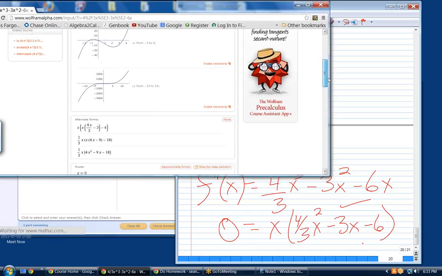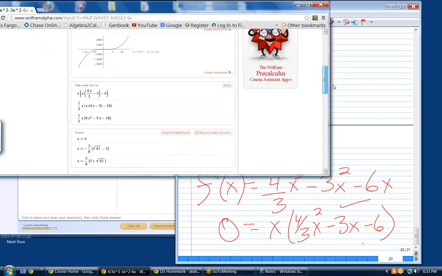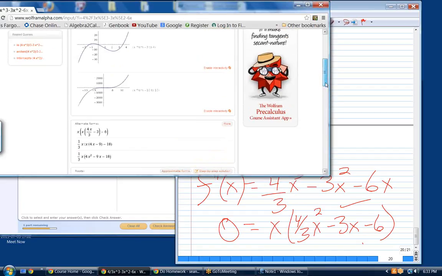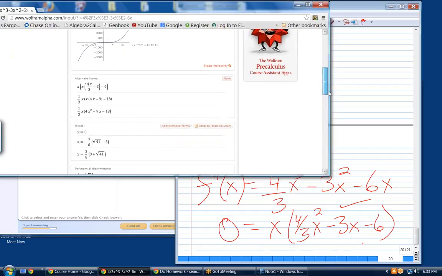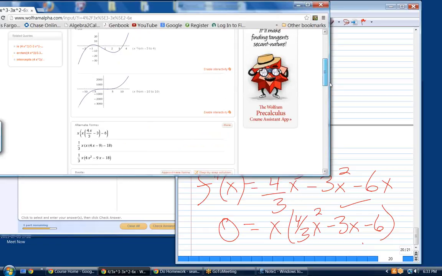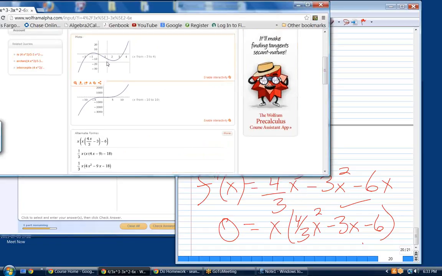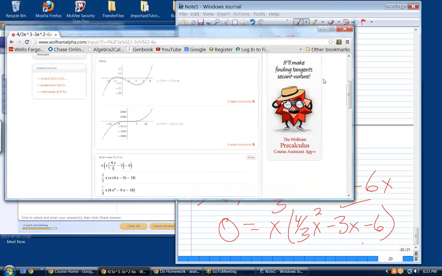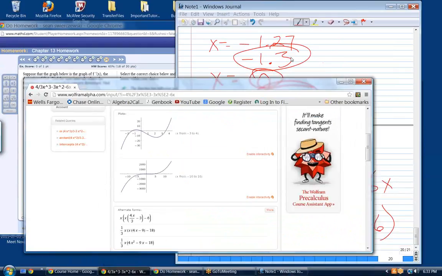Yes. Wow, hold on. The roots, right here. Okay. Decimal form. Well, let's figure out, what's the question? Where it's concave up.